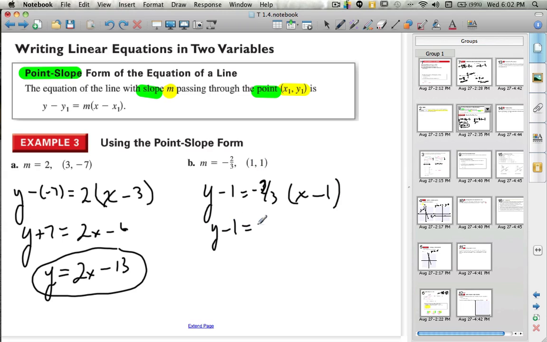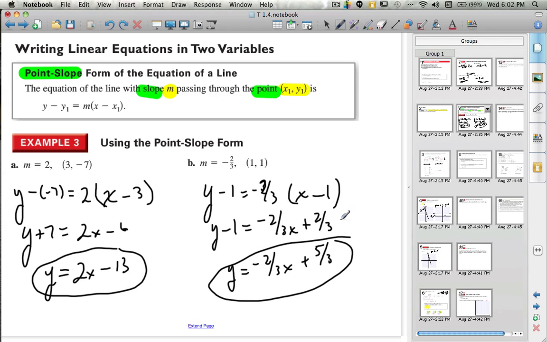So y minus 1 is equal to negative 2/3 x plus 2/3. And when I add 1 to either side, I'll have negative 2/3 x, and I add 2/3 plus 1, which is 3/3, so it would be plus 5/3. And that's my equation.